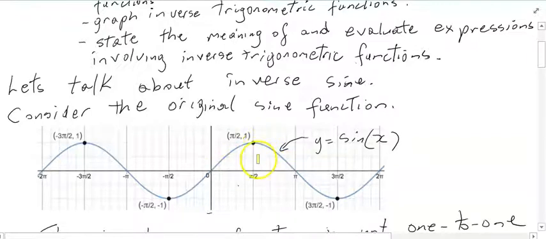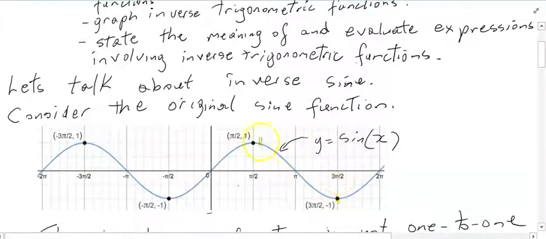One way that we can do this is to restrict the domain in areas that will make it one-to-one. So we have to find some nice places that we can make a cut on the domain so that within that restricted area, the sine function is one-to-one.